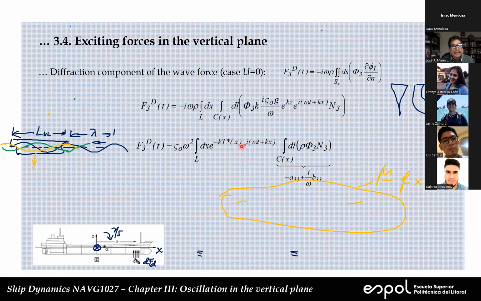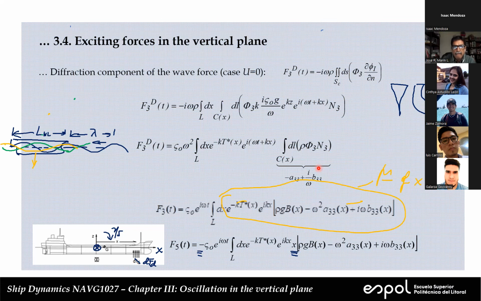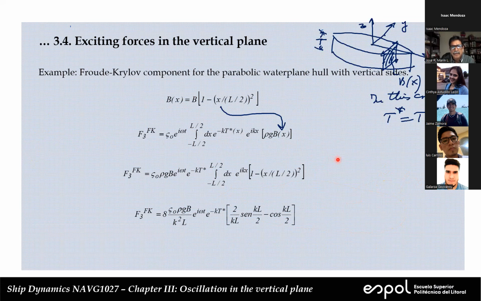This also depends on the position of x. But this is real, so I have to do the product e to the ikx times these two. I have to identify the real and imaginary parts and integrate both parts separately. At the end, I'm going to put them together to form a complex excitation amplitude.